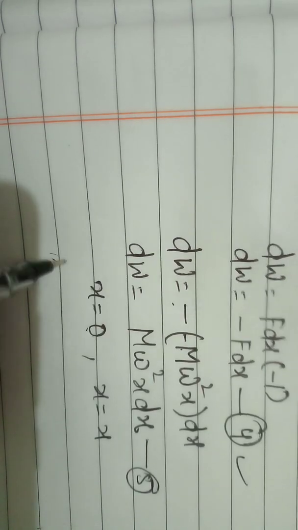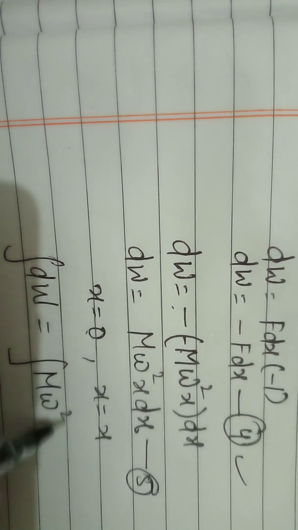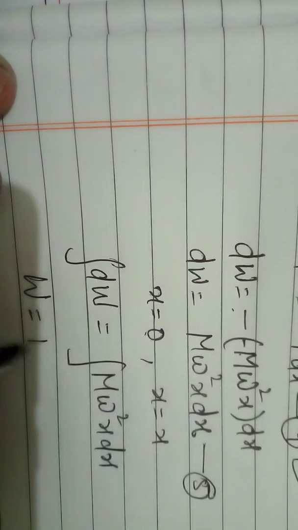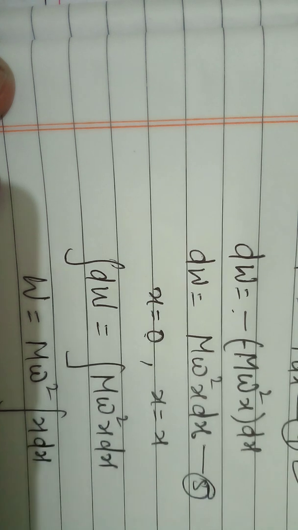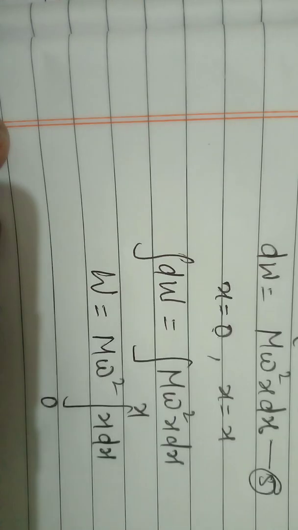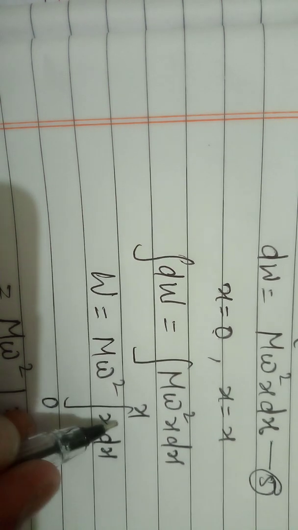Now integrate this equation. So W is equal to the integral of m omega square x dx, with limits from 0 to x.